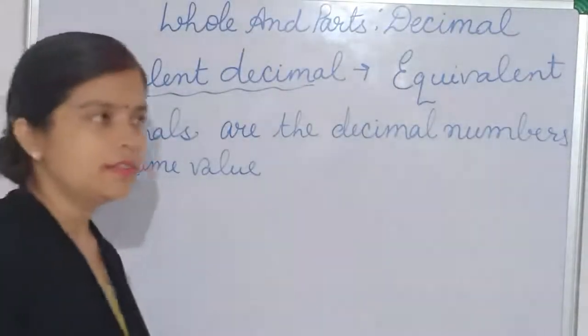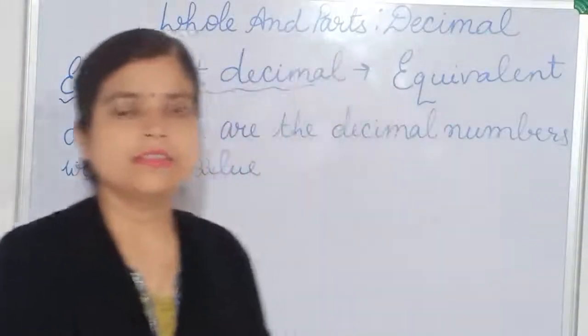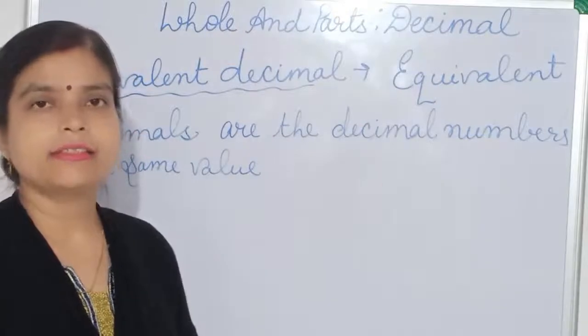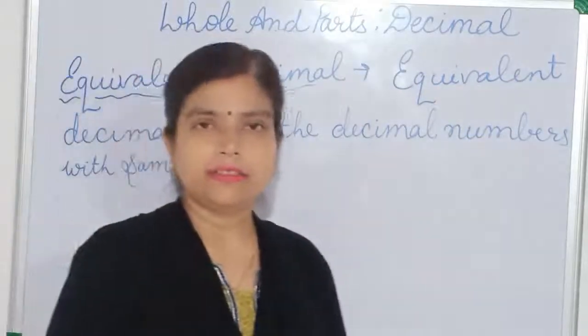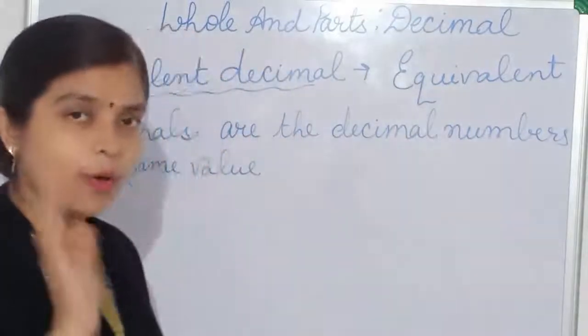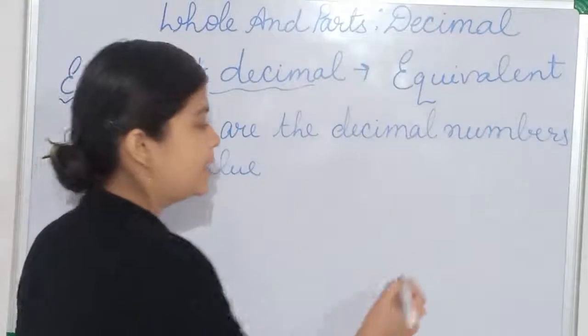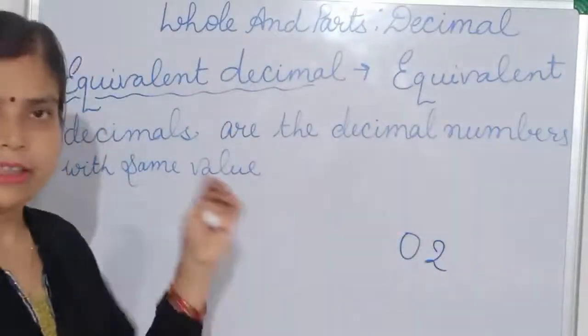Now children, if we add 0 on the right hand side of a decimal number, it will be the same only. Earlier also I have discussed that in a whole number, if we write 0 on the left hand side, then the number will be the same.